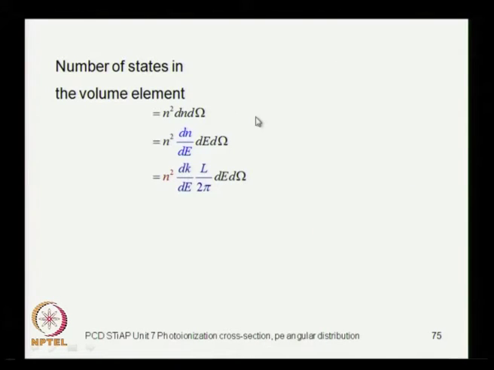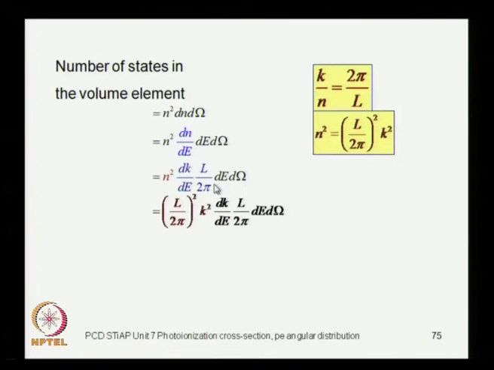Okay. So, we have put that in over here, and given the fact that n square goes as k square, this n square is now written as L square k square over 2 pi. So, that is the only substitution over here. It is a very straightforward substitution, and now you can combine this L over 2 pi with the square of L over 2 pi.